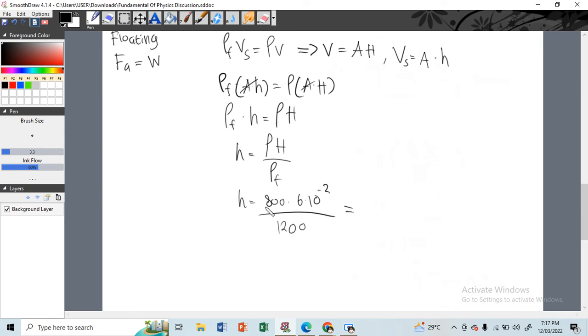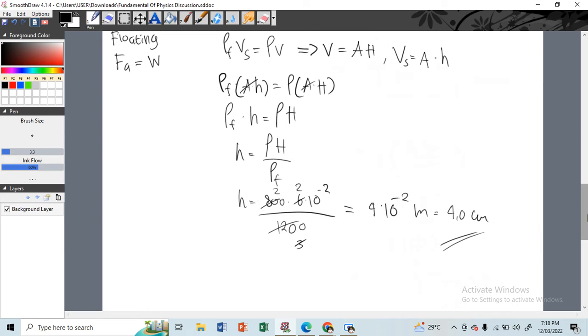Then we simplify this: 6 divided by 3 is 2, 2 times 2 is 4, so 4 times 10 to the power of minus 2 meter, and we could change it to centimeter, which is 4.0 centimeter.